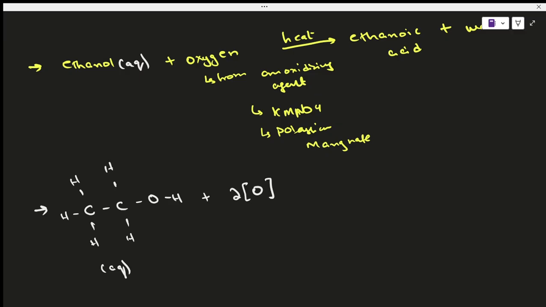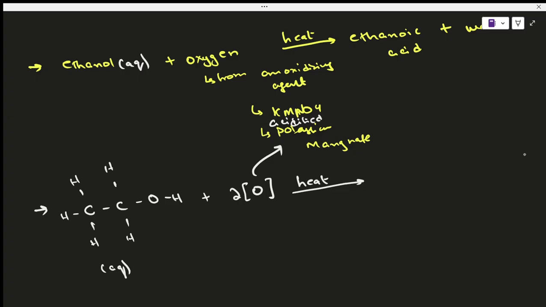Now we're going to heat it, and do remember that the oxygen is coming from acidified potassium manganate. I'm going to write acidified so you remember. And what you're basically forming at this side is a carboxylic acid molecule.